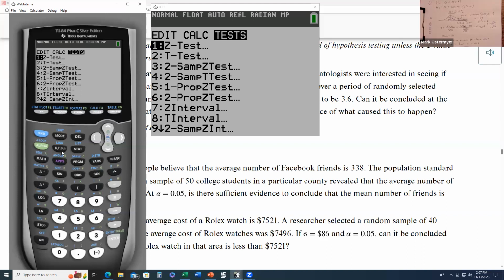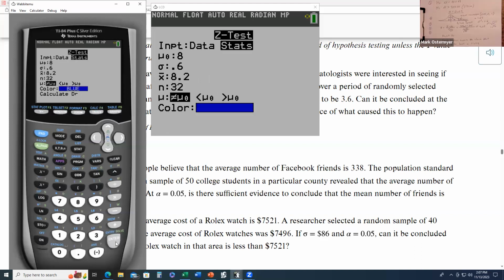All right, let's check it out here. Z-test, go in there, enter, select stats. Reported mean of the population under the null is 305 feet. Standard deviation of the population is known to be 1.90, about. Sample mean depth for 55 randomly sampled areas of the lake was 306.2 feet.